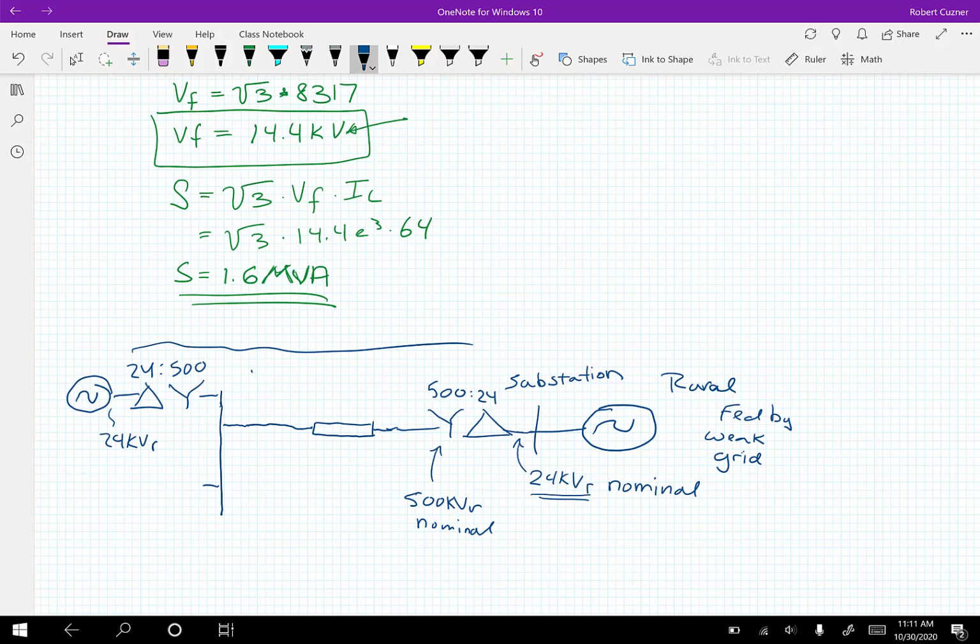They want to run the generator as high as they can so everybody can get their voltage, but they also have to recognize that there's probably other communities nearby that have a similar substation rating. And this is really a load, thinking of this as a load here, and there's a load here.